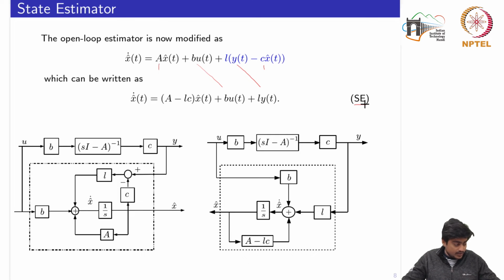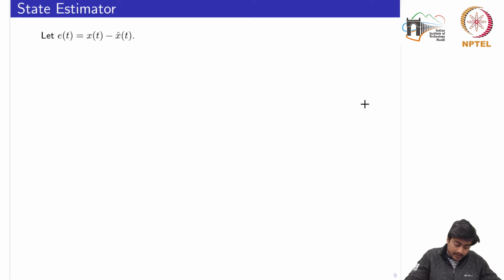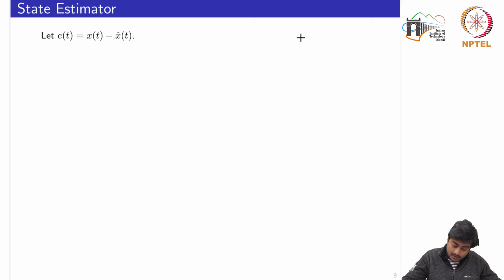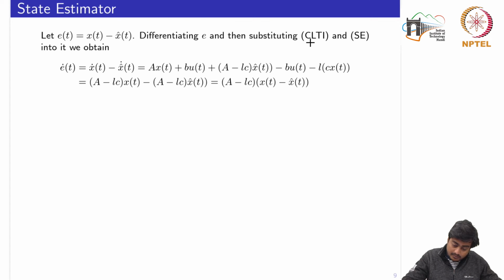We'll see what the benefits of using this feedback mechanism in the observer itself are. Again, we will introduce this error signal as the difference between the actual state and the estimated state. Using the same procedure, I will differentiate e and then substitute the plant equation and the estimator equation into this, and finally obtain x dot minus x hat dot.